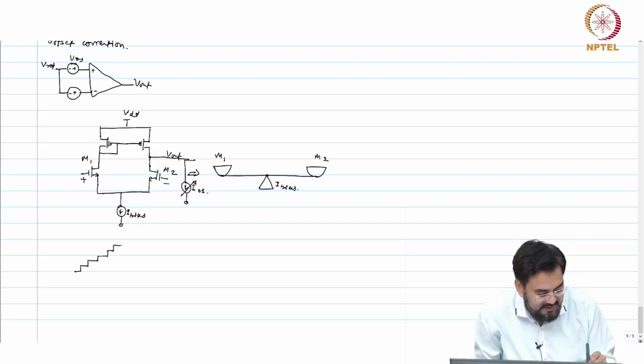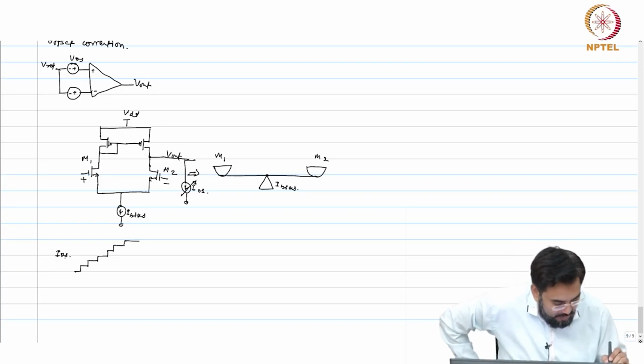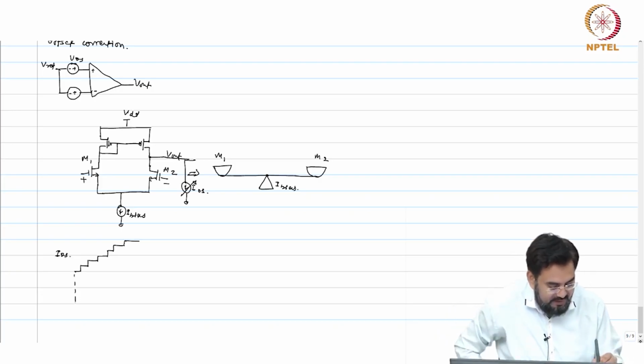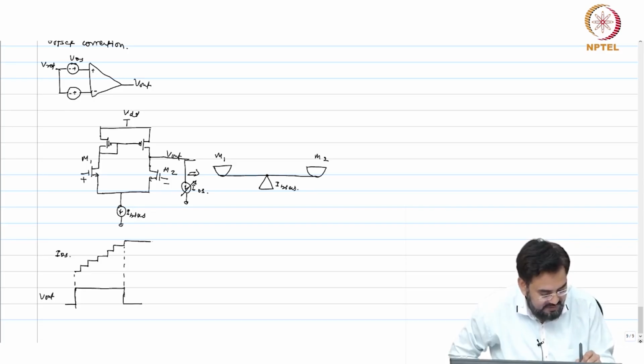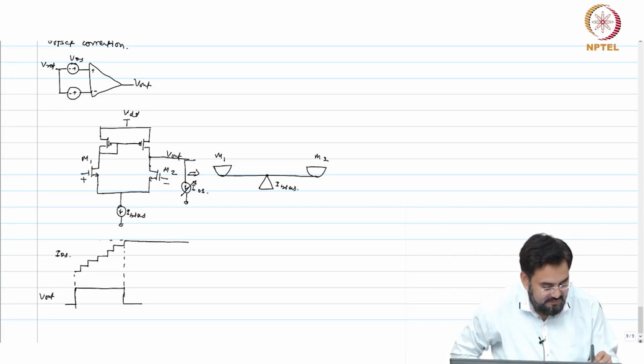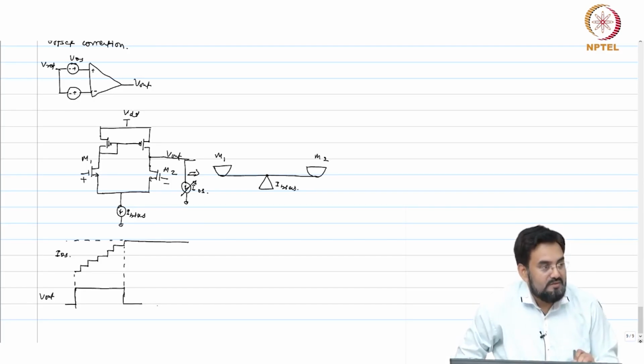So you do it digitally. This is your IOS. And if this is my Vout, which I know was high, let's say this is the point where it becomes low, you freeze the IOS here.